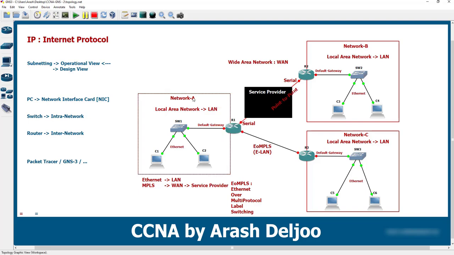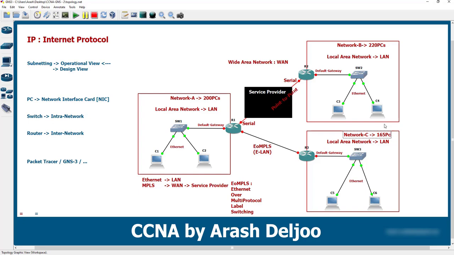Assume that in these three LANs, we have 200 PCs in network A, and in network B we have 220 PCs. And also in network C, let me write here, we have 165 PCs.